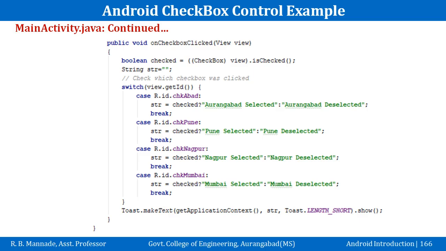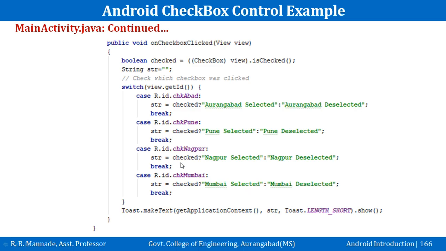This function will extract the ID of the button which has triggered the click event. For example, suppose the user has selected the checkbox Nagpur. In that case, this view object will contain the Nagpur checkbox, its state will be extracted in the checked variable, which will be true, and view.getId extracts the ID of the Nagpur checkbox control, which will be R.id.chkNagpur.